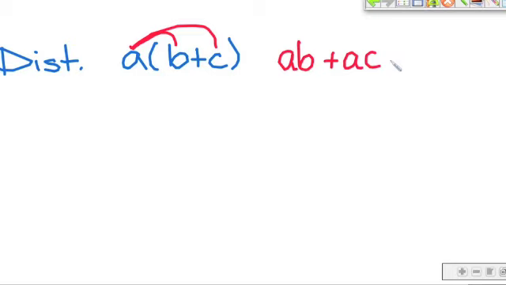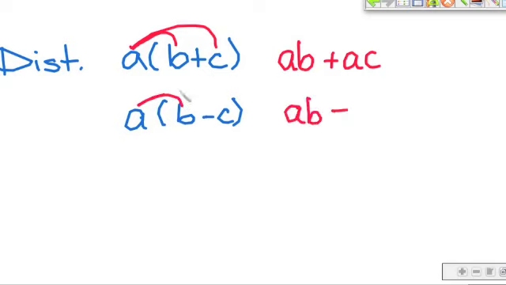And that's all that means. If you were subtracting, it'd be the same setup. If we had A times B take away C, we just take the A to everything on the inside, so we do AB take away AC. There you go.